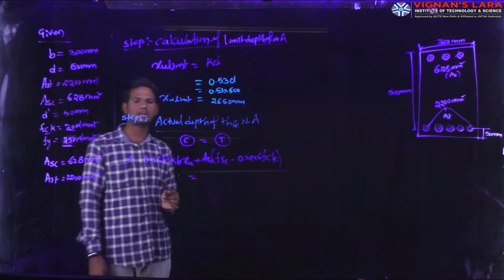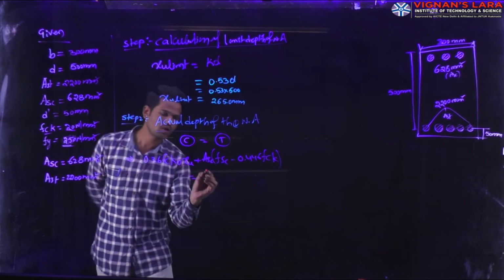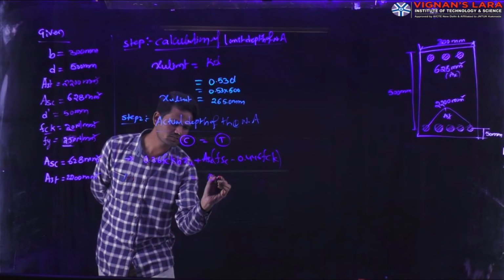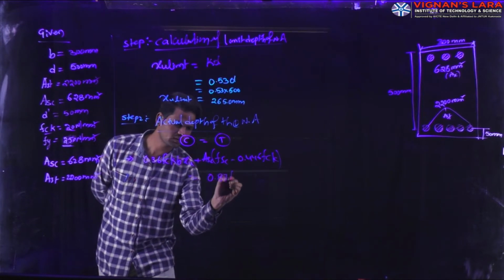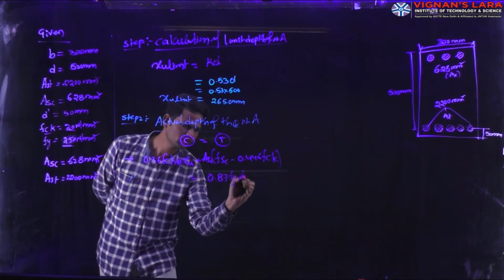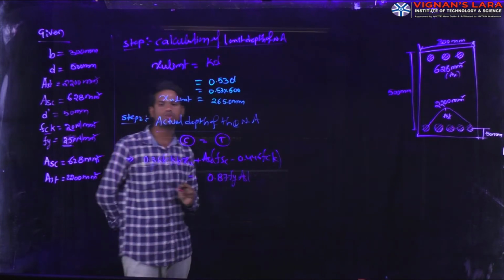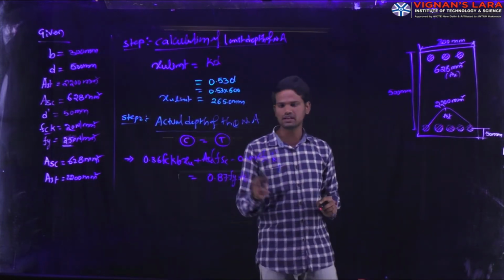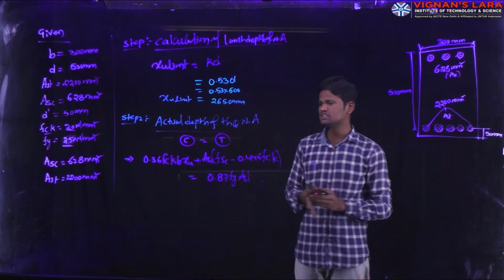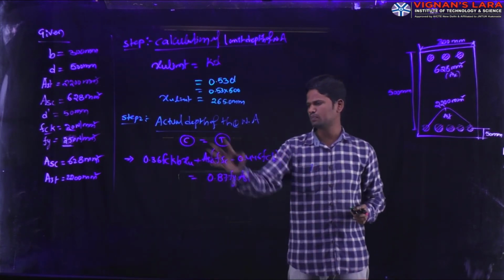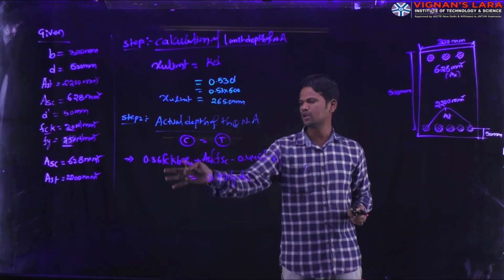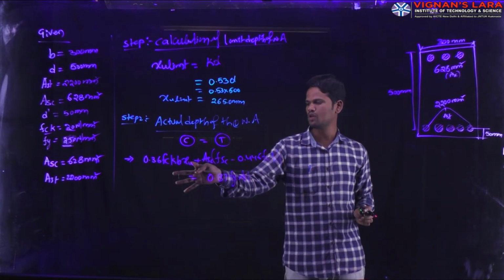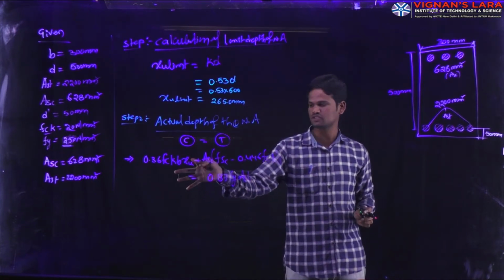Next we have to calculate the total tensile force value. The total tensile force is 0.87 into Fy into AST. If you see the above problem, we know the FCK value, we know the B value, and we have to calculate the XU value.